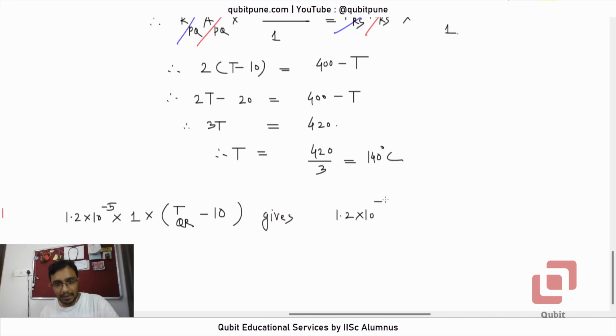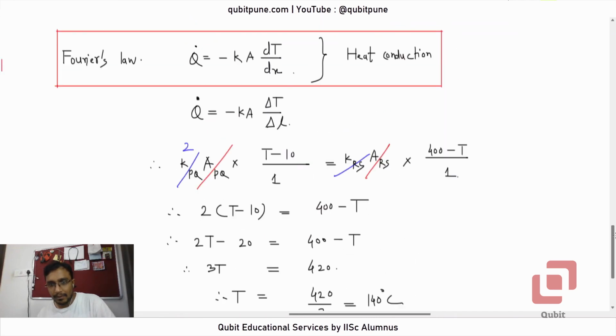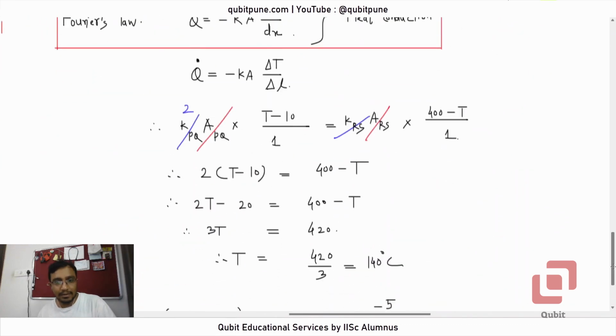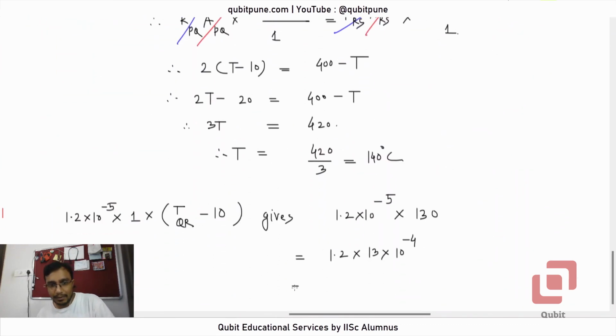1.2 into 10 raised to negative 5 into 130. Into 130. So bring the 0 here. Look at the options. Options are in millimeters. So we would like to have this as 10 raised to negative 3.